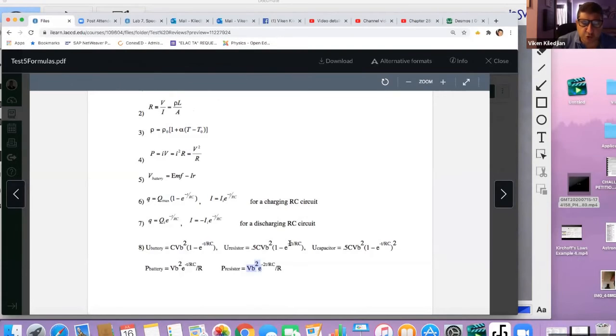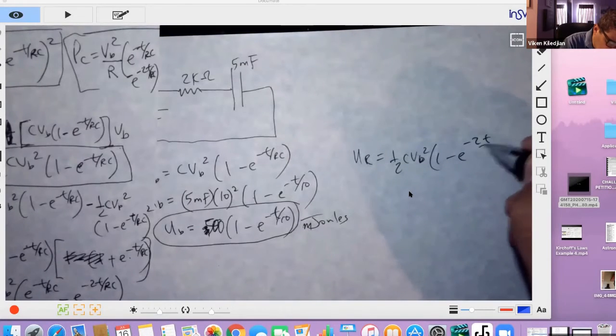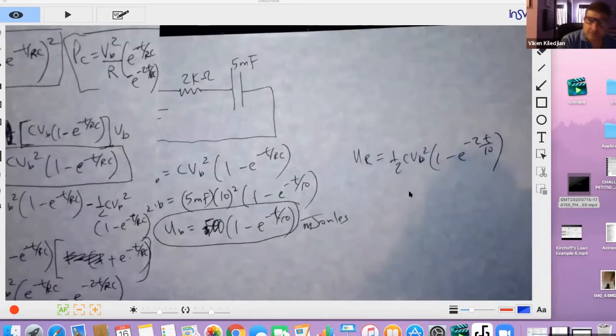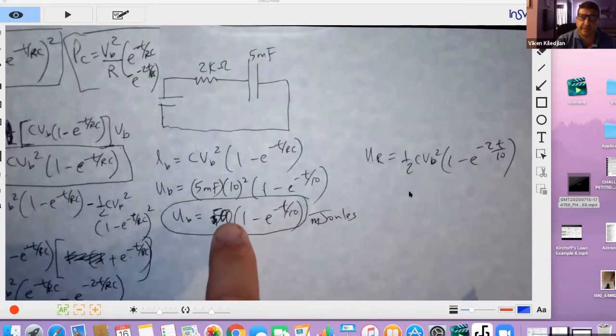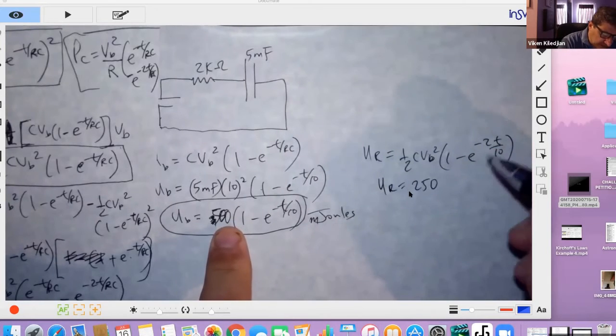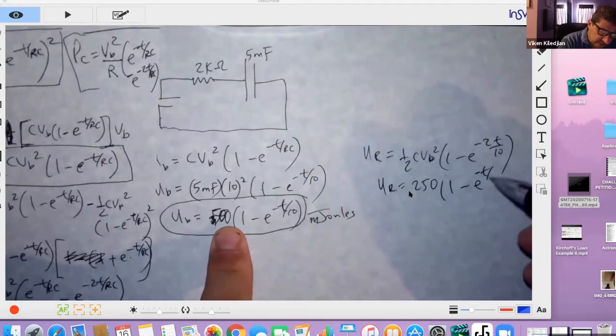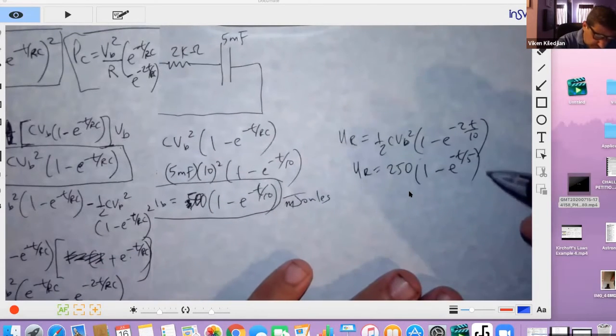Minus, there's this 2t over RC, right? There's an extra 2 up at the top. Okay, so 1 minus e to the minus 2t over RC. So it looks like that. So this is half CVB squared, so it's going to be 250 basically. 250, 1 minus e to the minus t over 5. Okay, so 250, and this is also millijoules.